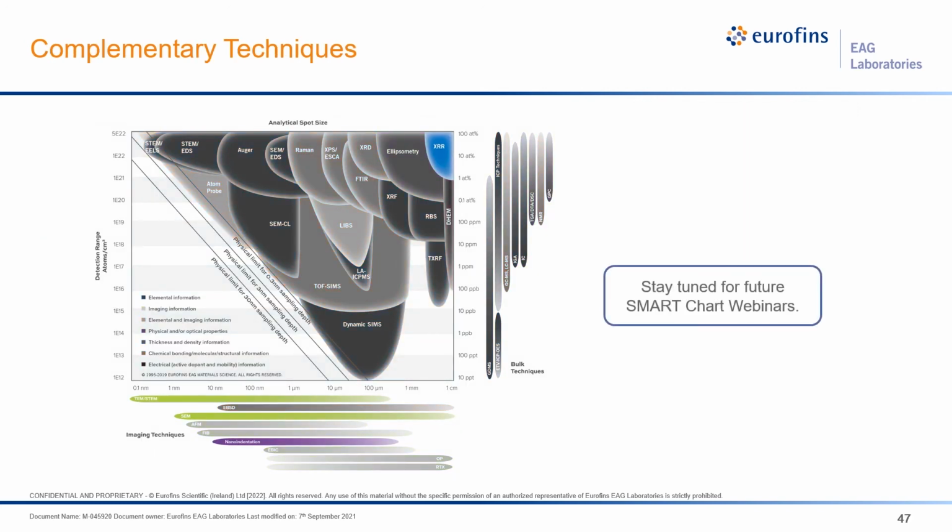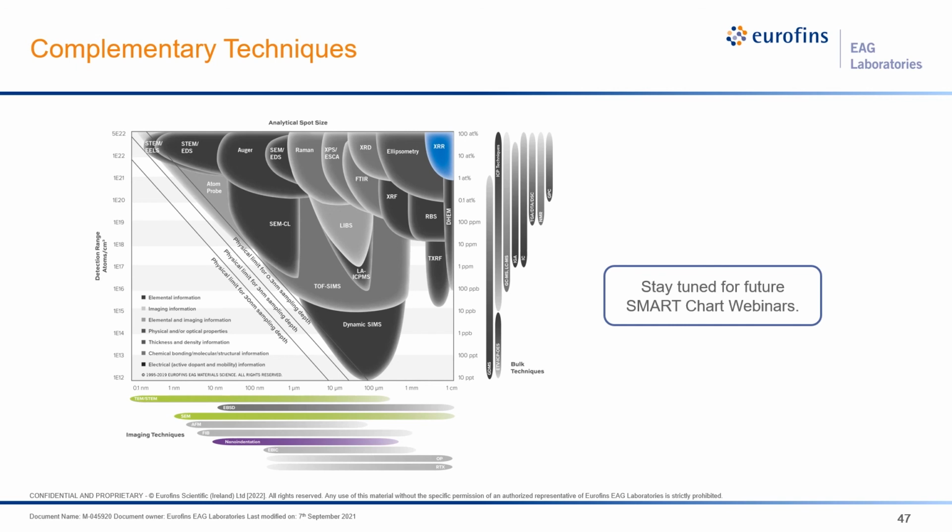The webinar today only discussed AFM and OP, but there are other techniques for characterizing roughness, mechanical, and electrical properties. XRR, for example, is a technique available at EAG that can indirectly measure roughness. My colleague Ian gave a presentation covering XRR last week, and if you missed it and are interested, we can provide a link.